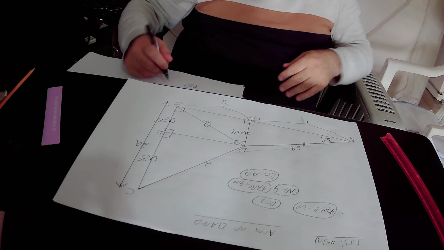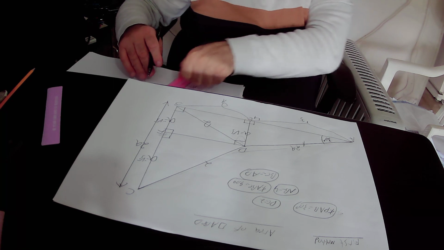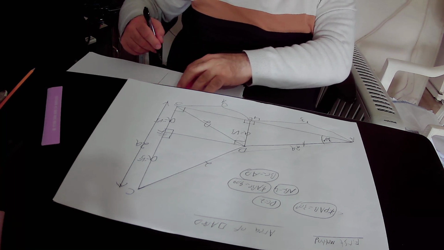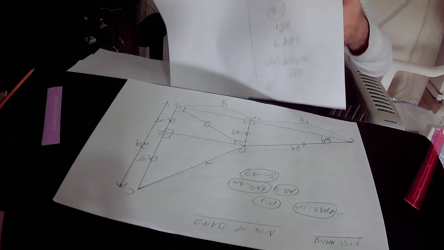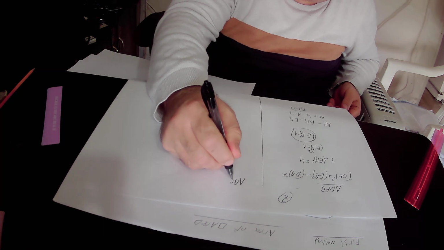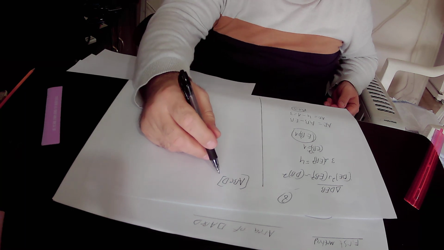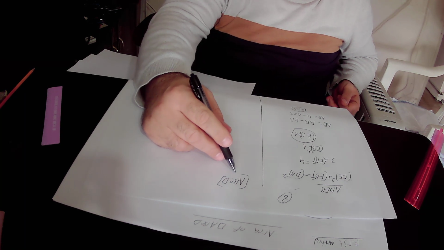Okay, so what is the area of quadrilateral ABCD? The square brackets here are the sign for the area.